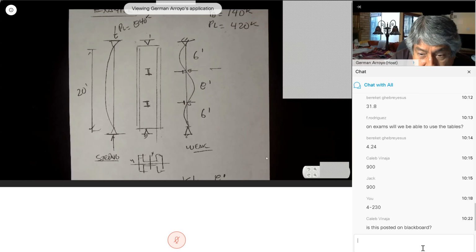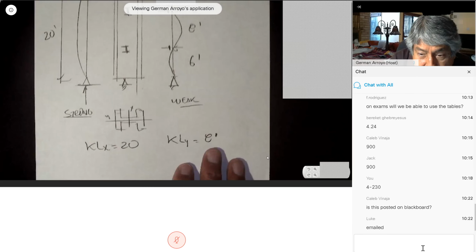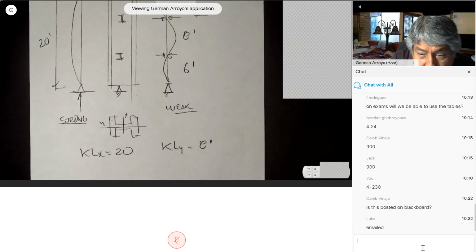So at the bottom of the page, I have put this. KLX 20, KLY 8. So we're going to go to our table. We're going to do our first design. And we need to look at a W8, a W10, W12, W14.